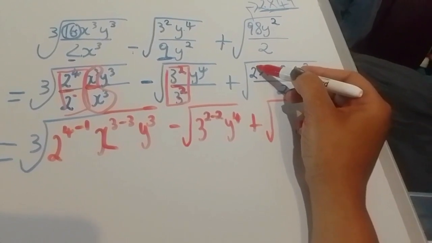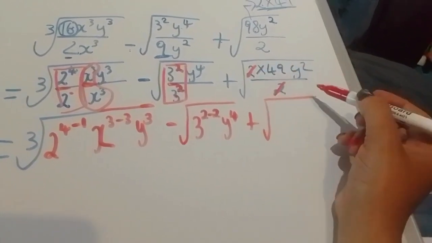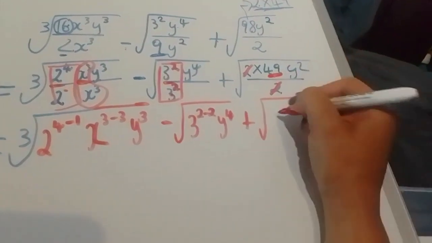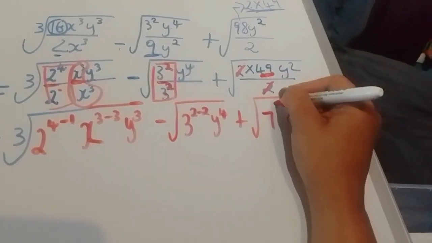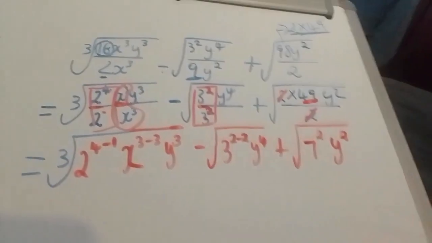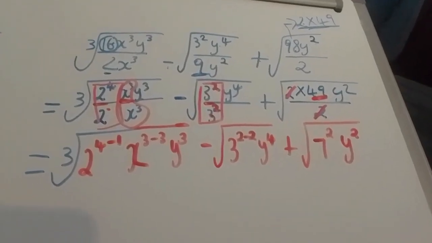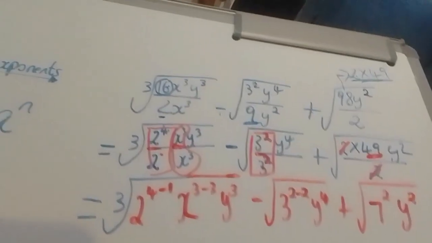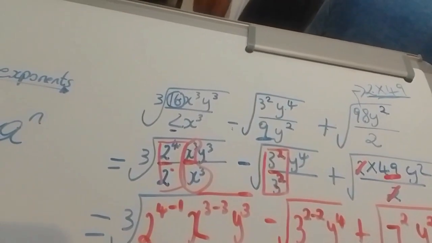We might as well just say 2 divided by 2 and they disappear. What I know 49 to be is 7 squared, then we have our y squared. Now we're going to break those sets and make everything in exponential form.